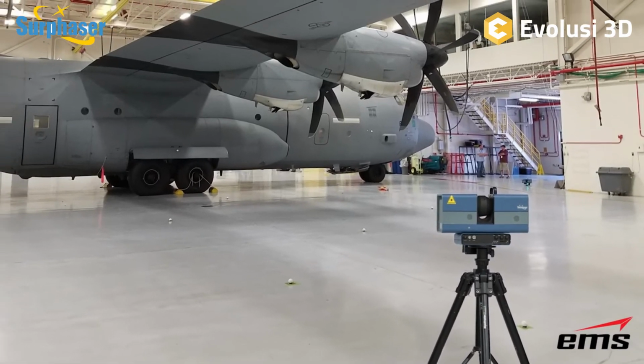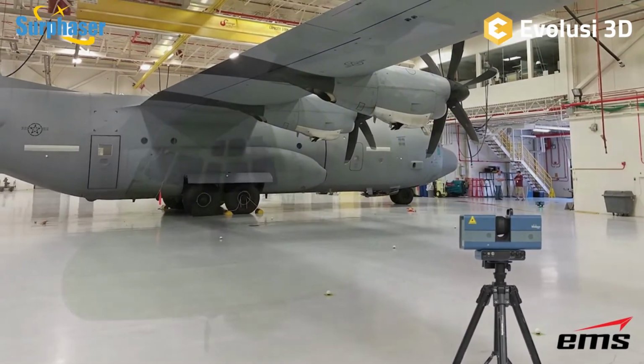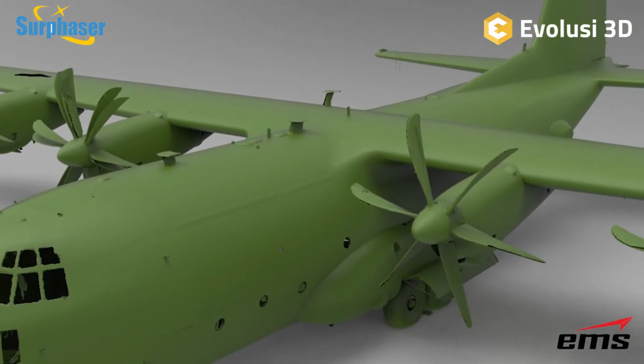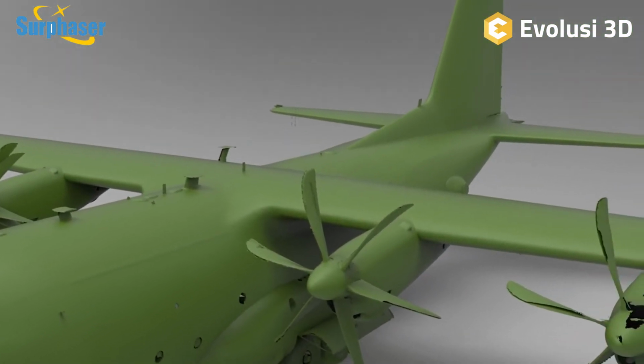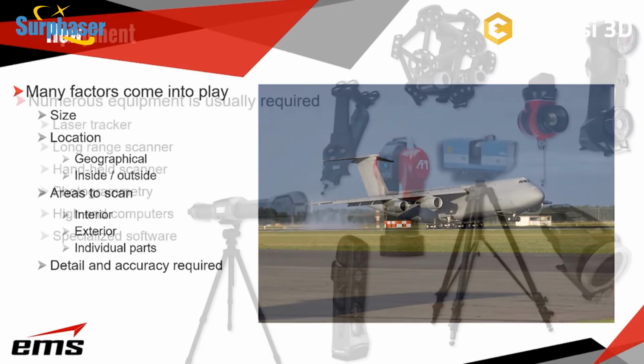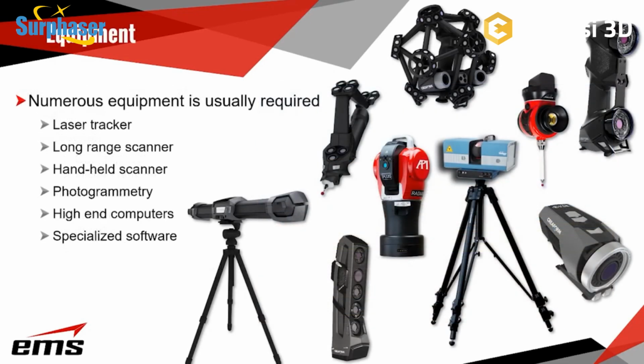So doing a very high detail scan and a very accurate model can be twice the time to scan, and could be more expensive, maybe require more people, etc. So those are some of the factors that are typically looked at when you want to look at 3D scanning any type of aircraft. Now, what about equipment?